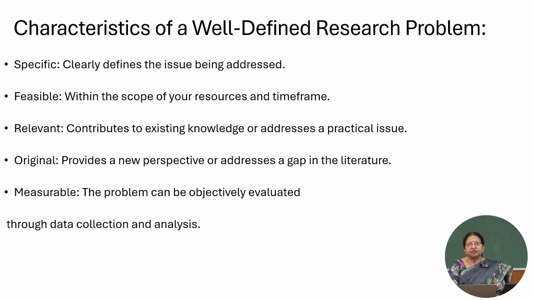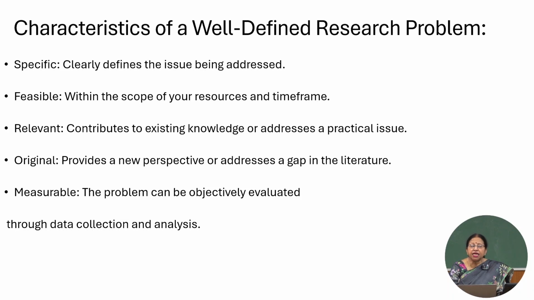Now let us look at what would be the characteristic of a well-defined research problem. Because here in this lecture, we are only focusing primarily on how to identify a research problem and which identified research problem you will say is a well-defined research problem. So what should be the characteristic of a well-defined research problem?